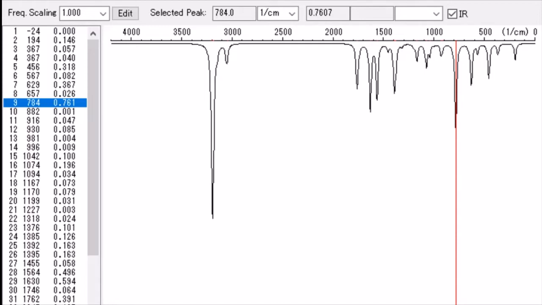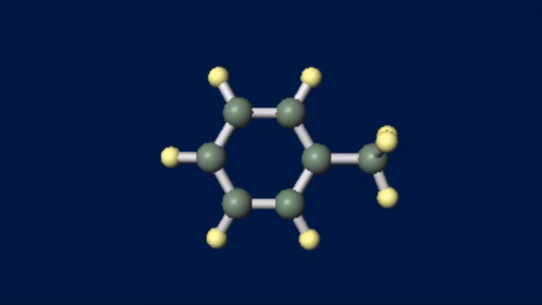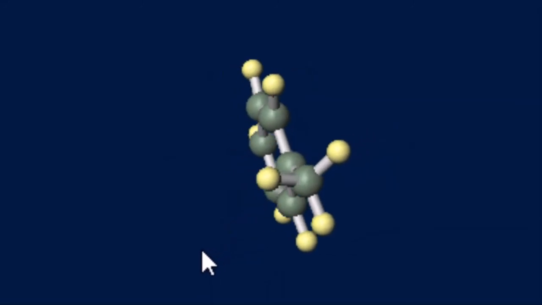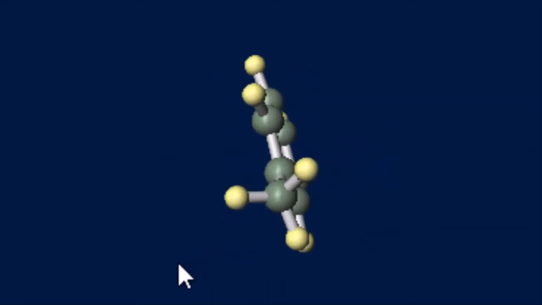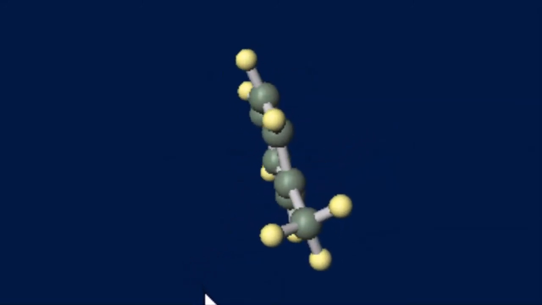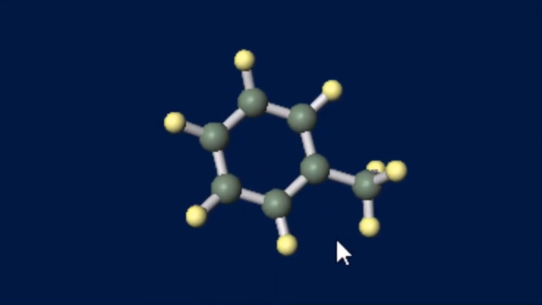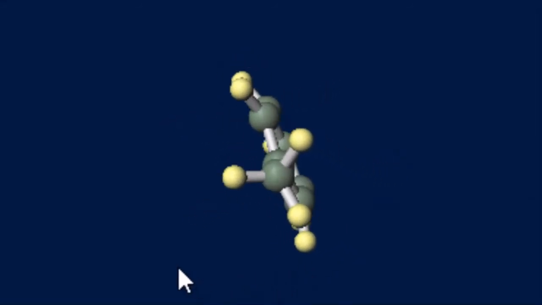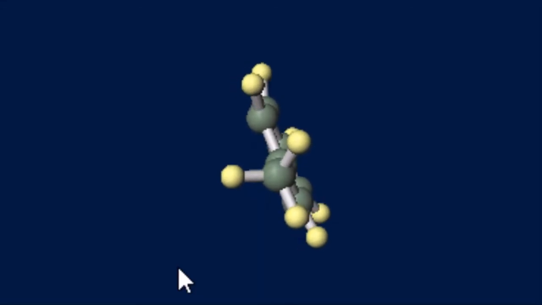I will rotate the molecule at an angle so that you can see it. Now it is clearly visible. Earlier it was not visible, but now you can see the vibration in this angle. All the atoms together go and come. This kind of vibration is called a wagging vibration, and this is an example of wagging in toluene.